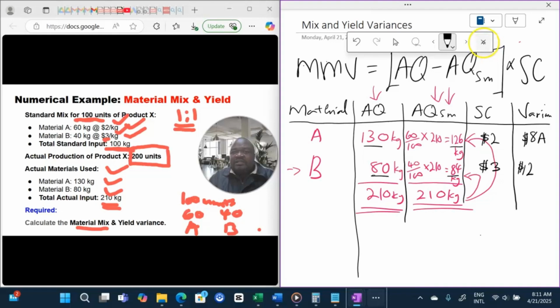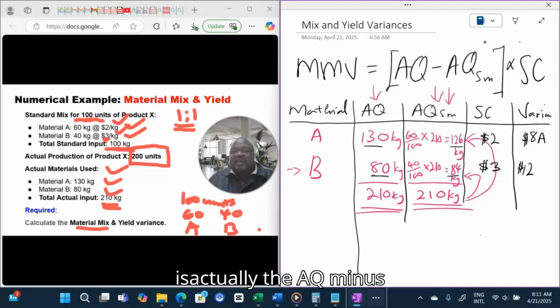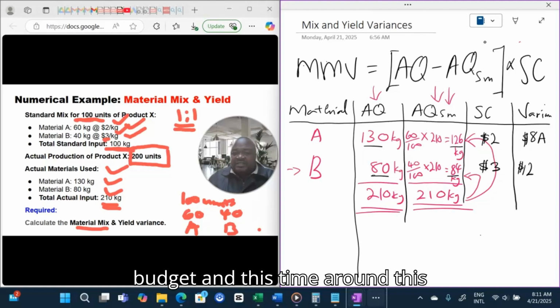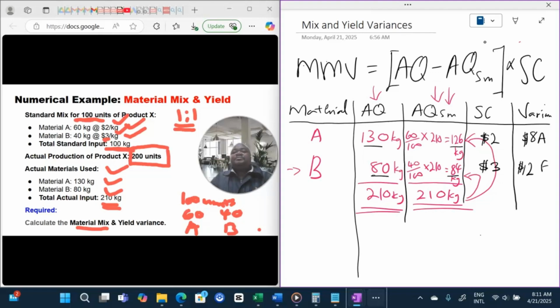The bracket is actually the AQ minus AQSM. So 80 kgs were the actual materials used, but the budget was saying 84. So we used less than the budget. And this time around, this is a favorable variance.